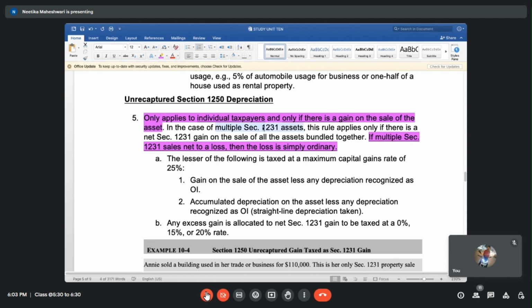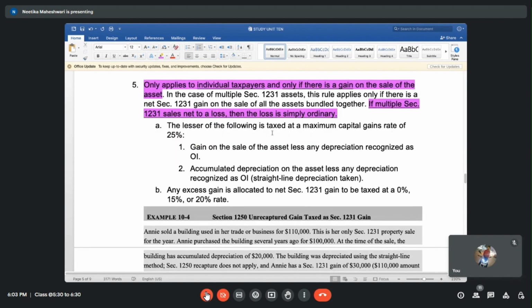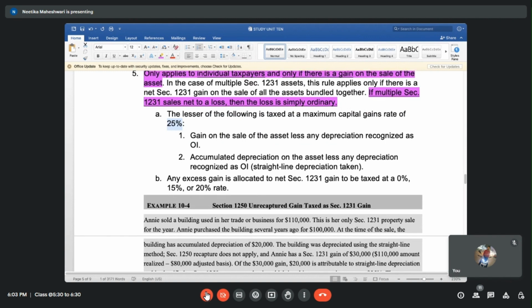But this is why section 1231 is a tax beneficial clause for the taxpayers. The lesser of the following is taxed at a maximum capital gain rate of 25%. Maximum rate is 25%. Any excess gain is allocated to net section 1231 gain, and it could be taxed at 0%, 15%, 20%. So the lesser of these two: the gain on the sale of the asset, less any depreciation recognized as ordinary income, or the accumulated depreciation on the asset, less any depreciation recognized as ordinary income.